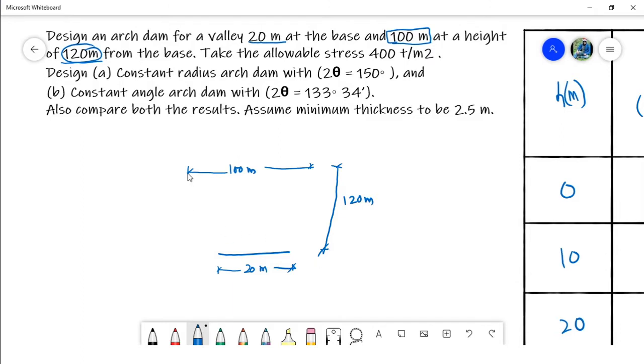So this valley is like this. This is 100 meter at the top.